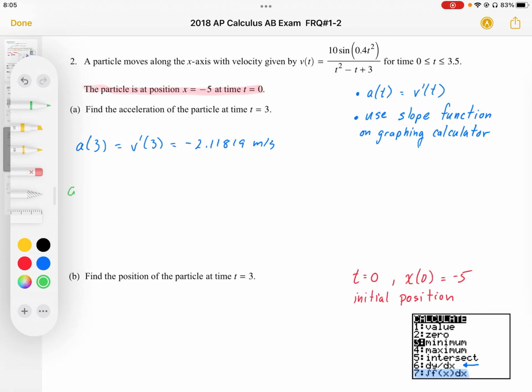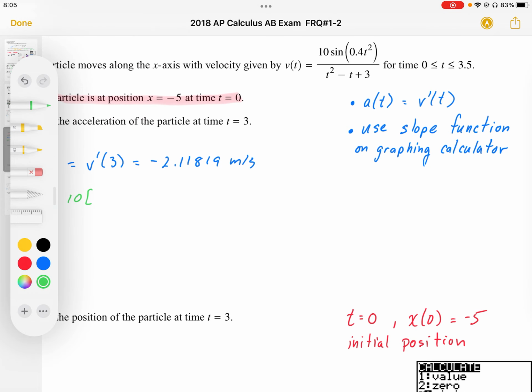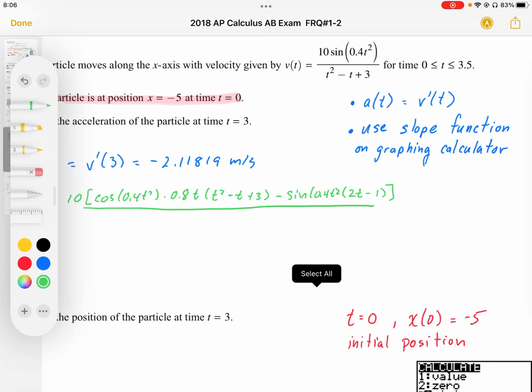So we could calculate a of t as the derivative, and we have to use a quotient rule here, so it's going to be 10 cosine of 0.4 t squared, multiplied by the inside derivative, 0.8 t, and then multiplied by the denominator, t squared minus t plus 3, minus sine of 0.4 t squared times the derivative of the denominator, 2t minus 1, and all over the square of the denominator.